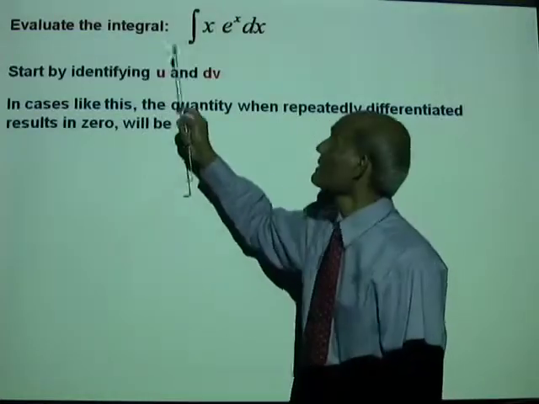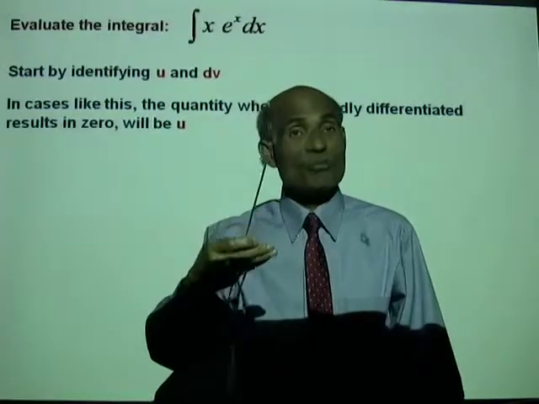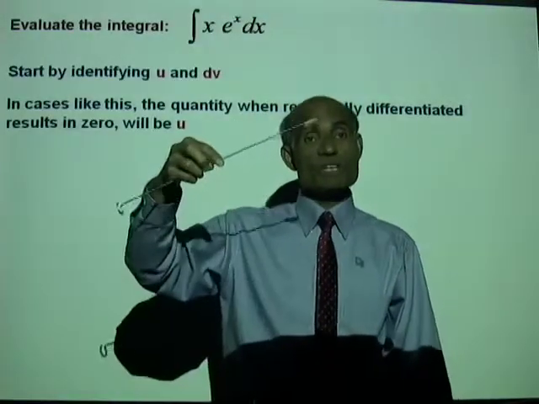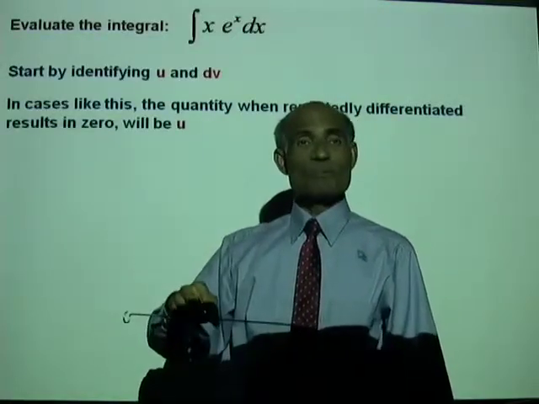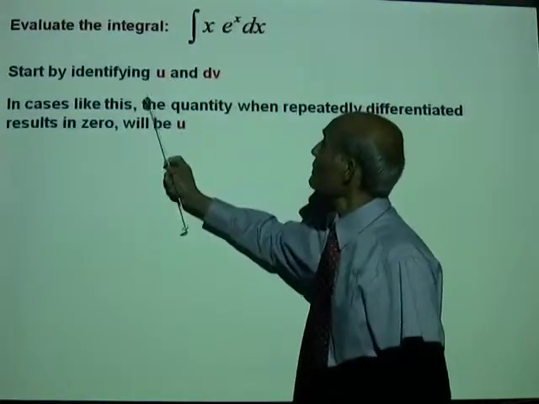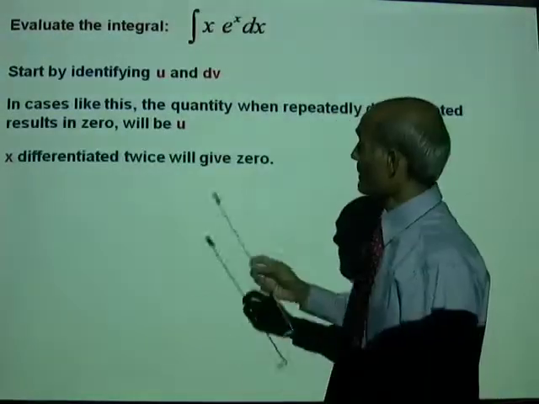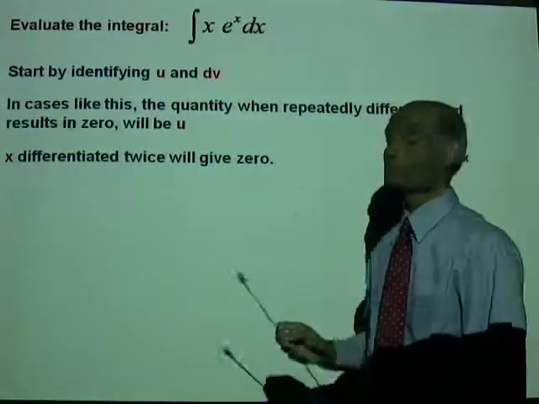What does that mean? If you have an x, the derivative of x is 1 and the derivative of 1 is 0. If you continuously differentiate, you end up with 0. So in this case, your x will be your u.